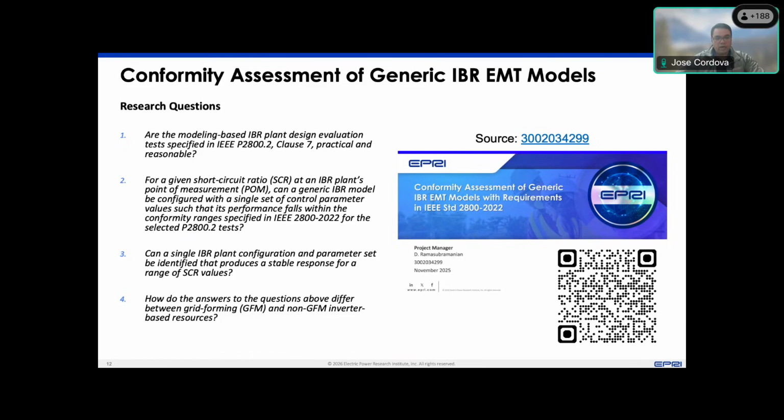And also, how much do the answers to these questions differ between grid forming models and non-grid forming models, or grid following inverter based resources?